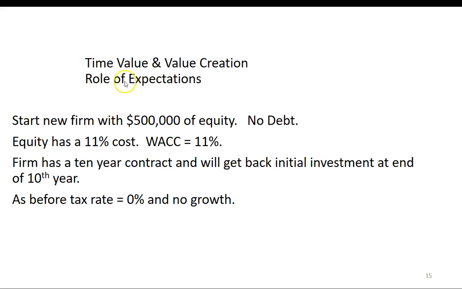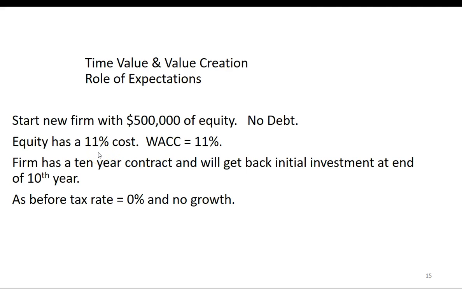So what we want to then focus on now is the role of time value and value creation, and along with that, the role of expectations. So let's start with a company that has $500,000 of equity, has no debt.